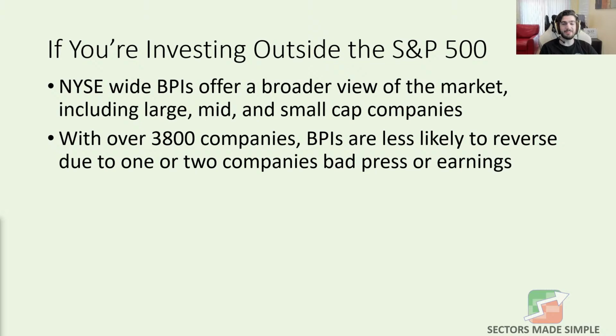So looking at the New York Stock Exchange, instead of 500, we now have over 3,800 companies. With over 3,800, you can be guaranteed that BPIs are much less likely to reverse because one or two companies had some bad press, some bad earnings, or decided to buy Twitter.